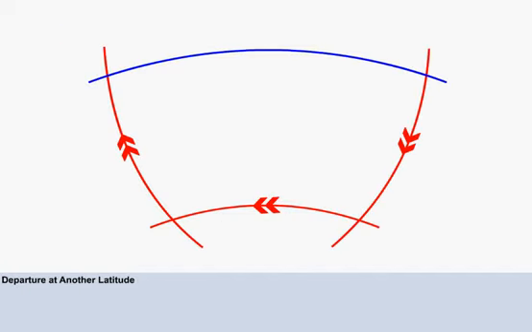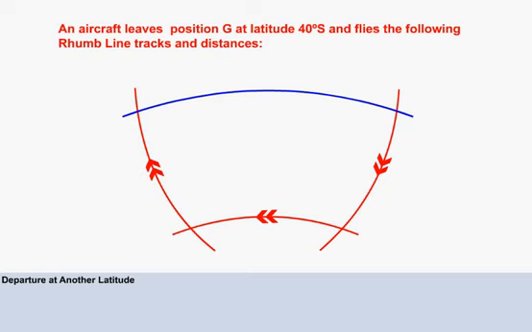You need to be able to solve questions where you are given departure at one latitude and have to solve it for another. Consider this question. An aircraft leaves position G at latitude 40 south and flies the following run line tracks and distances. G to H, track 180 true, distance 240 nautical miles.